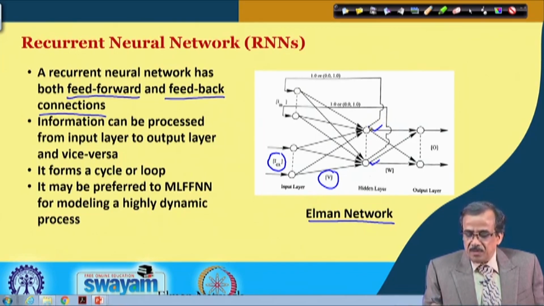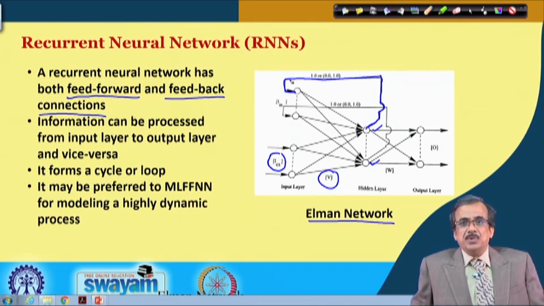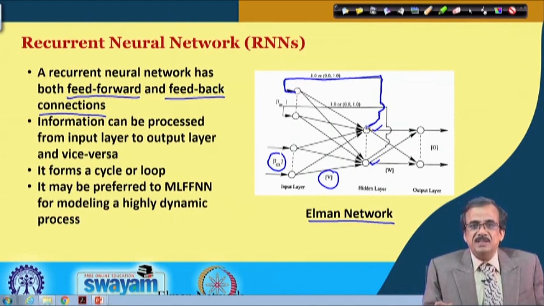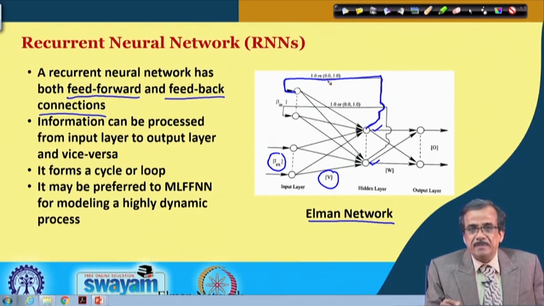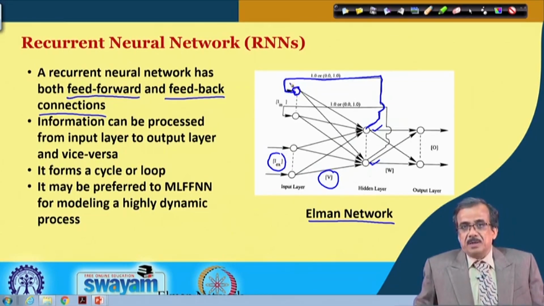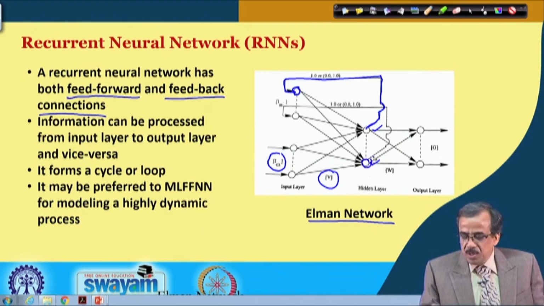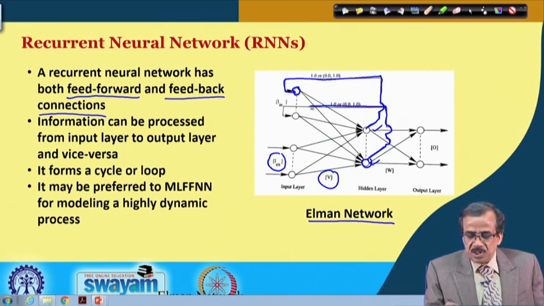The output for this particular hidden neuron is taken back as the feedback, and of the output which you are getting, we consider either 100% of that, or say 50%, 30% or 40% of that as feedback, and we just keep it here. Similarly, the output which you are getting on this particular hidden neuron, we take as feedback, and once again we just copy it and put it here.